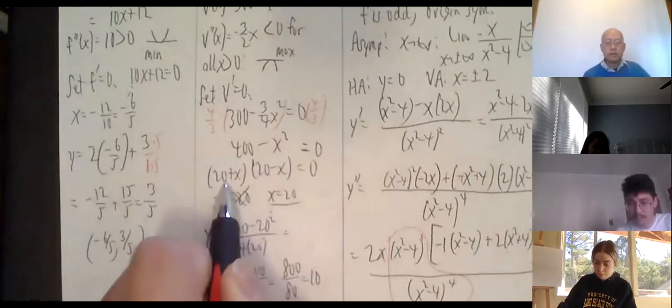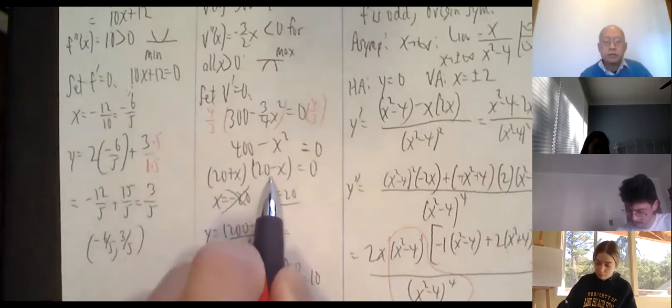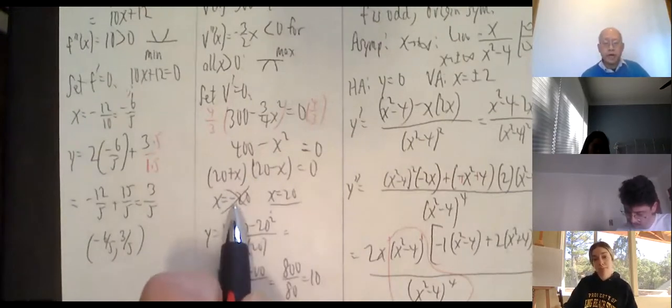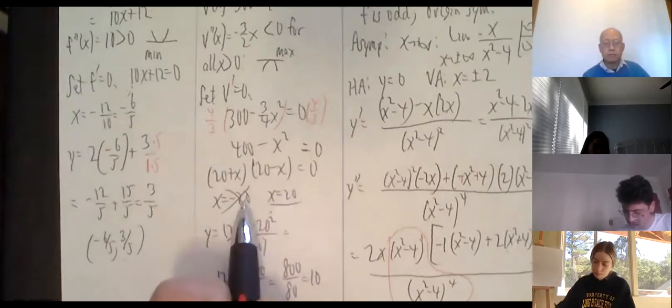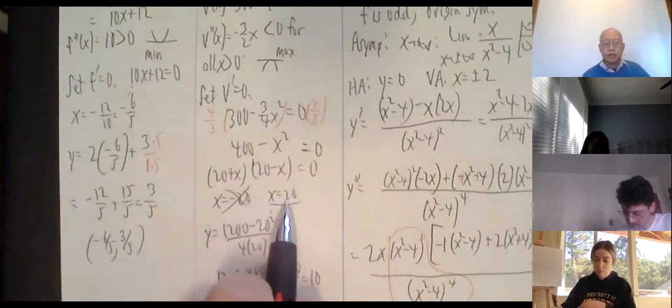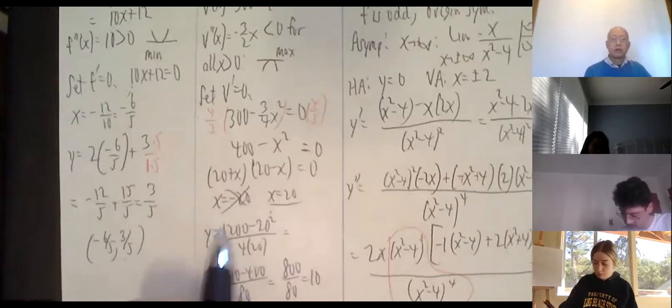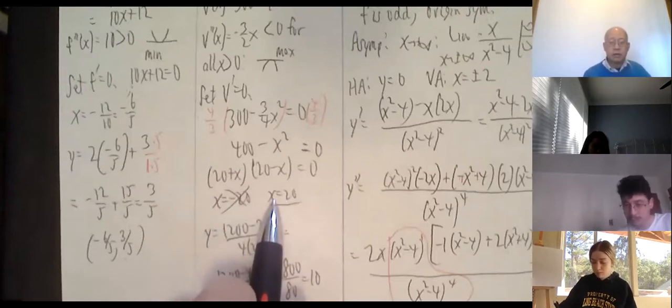This factors into 20 plus x, 20 minus x. So x is equal to negative 20, throw it out. X equals 20. Okay, so x is 20. That optimizes. That will give me a maximum.